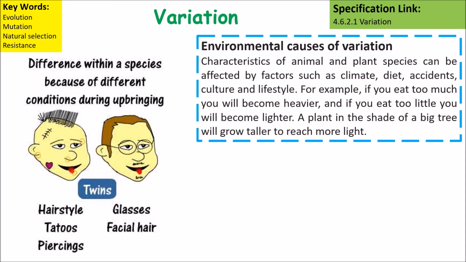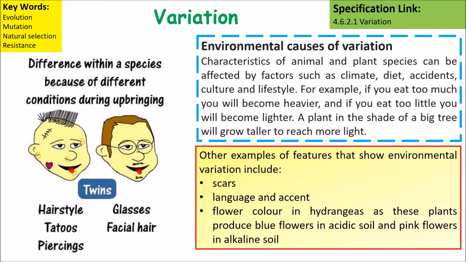Characteristics of animal and plant species can be affected by things like climate, for instance. This would be a cause of environmental variation. Other examples are things like scars, language, and the colour of hydrangeas, if it's a plant, which can be caused by how acidic the soil is.